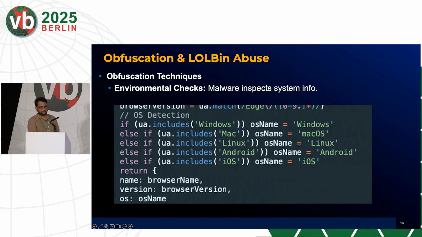If they find a sandbox, honeypot or analyst machine, they break their execution process, because they don't want to expose their code to analysts or sandboxes. This approach makes static and dynamic analysis more challenging for defenders, as the malware selectively activates only on genuine machines and environments.